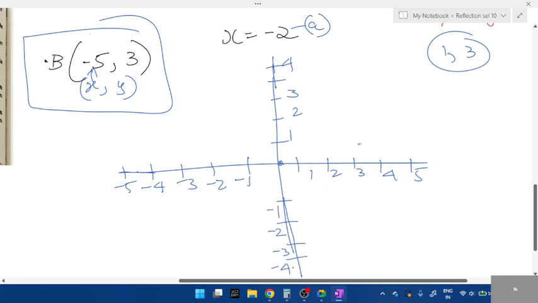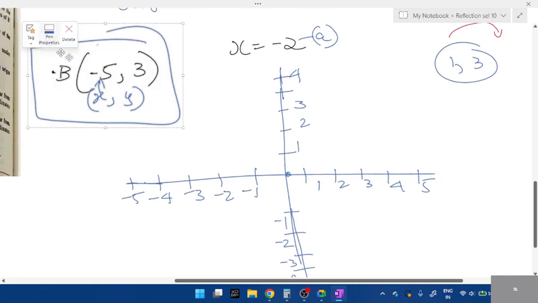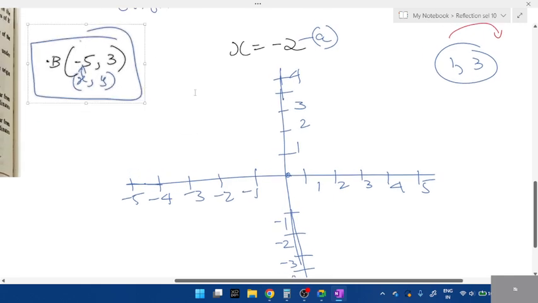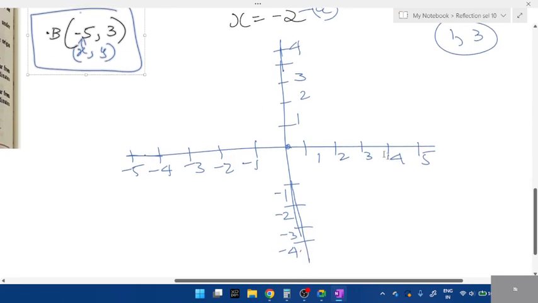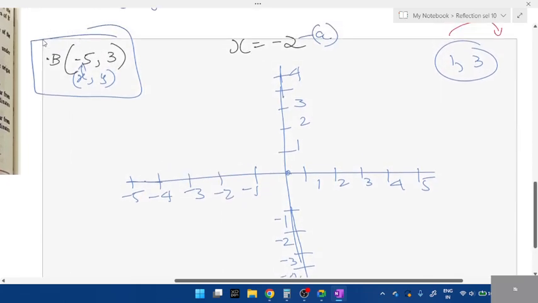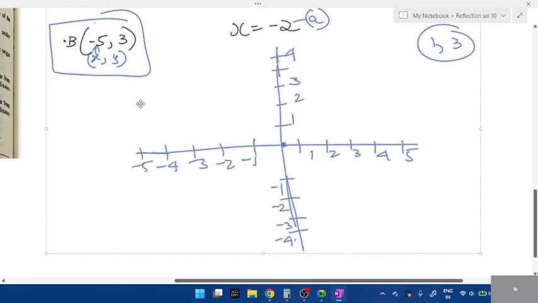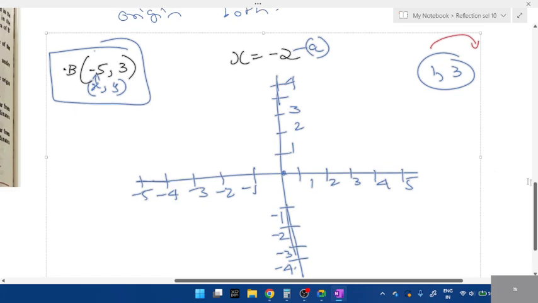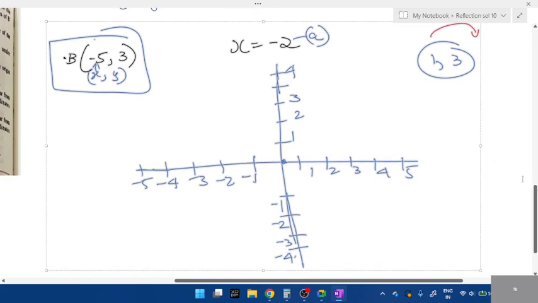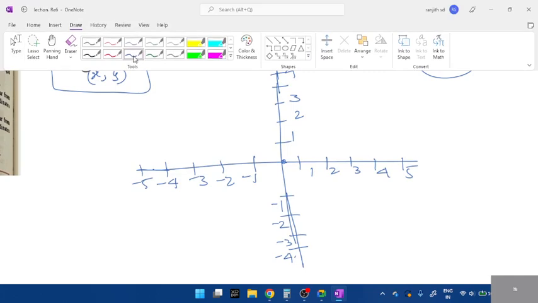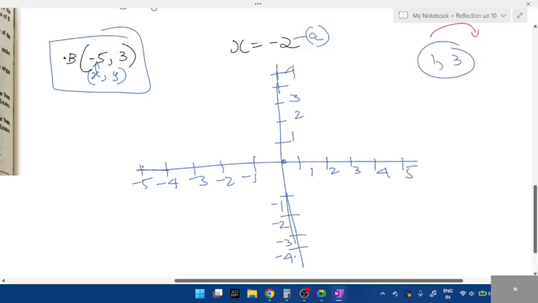Okay, the actual point is minus 5 comma 3. Minus 5, 3, second quadrant.